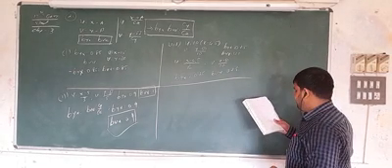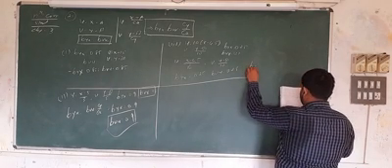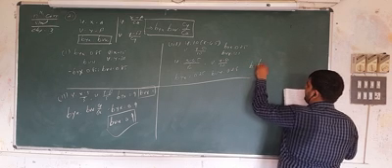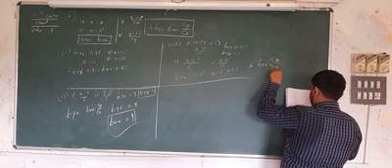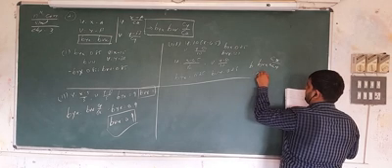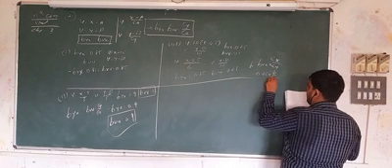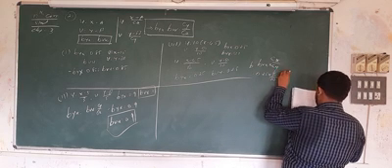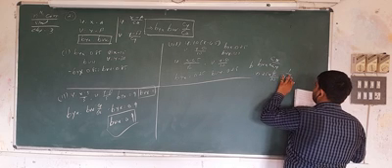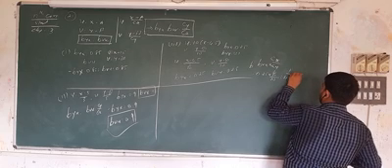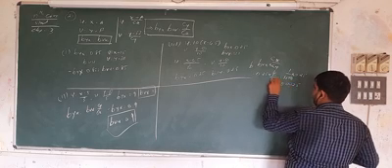And for that we have to find the value of b. So how can we find it? b is equal to byx into cx by cy. So 0.25 into 1 by 10 divided by 10 is equal to 1 by 100.